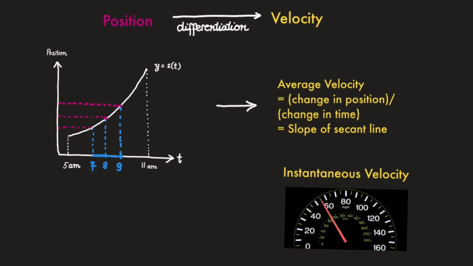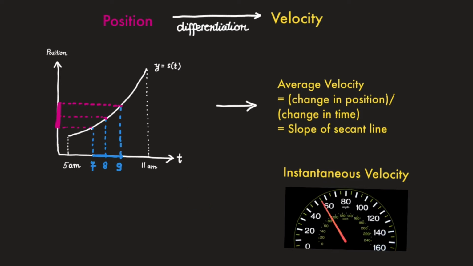If I had asked for your average velocity between 7 and 9 a.m., then you could have answered me easily. You would say, let's take the total distance you traveled between 7 and 9 a.m., denote that by delta y, and divide that by the duration traveled, which is 2 hours.